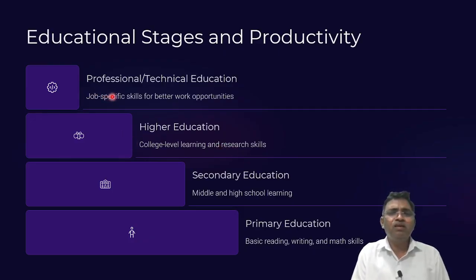Then professional and technical skill, maybe medical, engineering, CA, something like that. They specifically improve their skills and get the best work opportunities. So the education stages are primary, secondary, higher, and professional technical education.